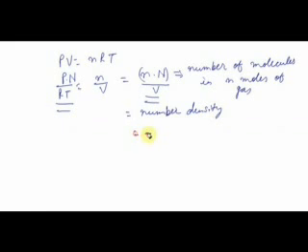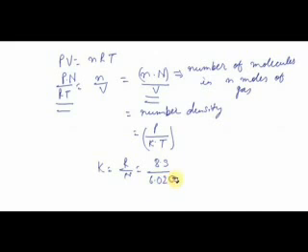Now on the left hand side we have P N_A by RT. Now here we can replace R by N_A with k, where k is Boltzmann constant. So this is our final equation for number density. As we know that k is R by N_A, that is 8.3 by 6.02 into 10 to the power 23.